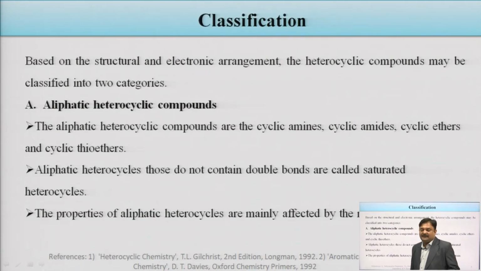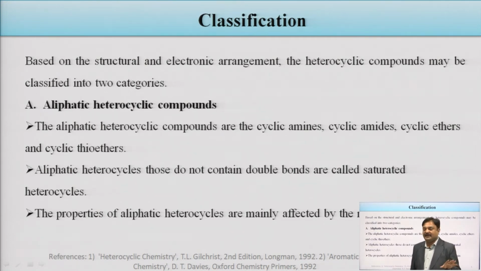Now, classification. Two things I have told you. One is homocyclic compounds, where all the atoms in the ring are carbon; the other is heterocyclic compounds, where the ring contains carbon but 1 or more than 1 heteroatom must be there. Again, based on structure and electronic arrangement, heterocyclic compounds may be further classified into 2 categories.